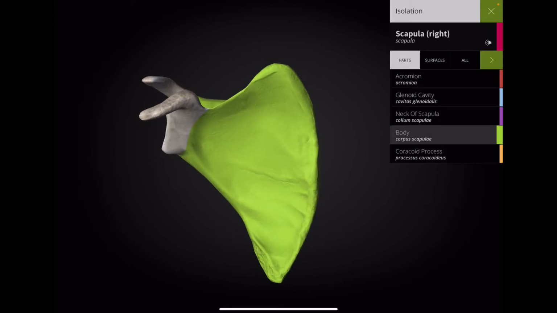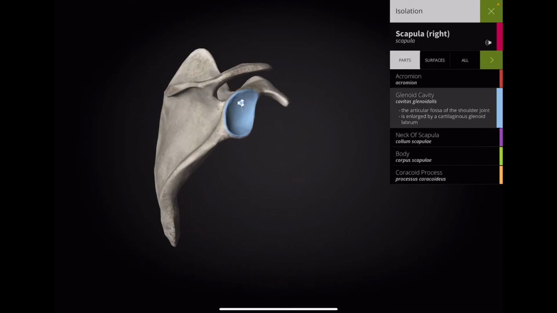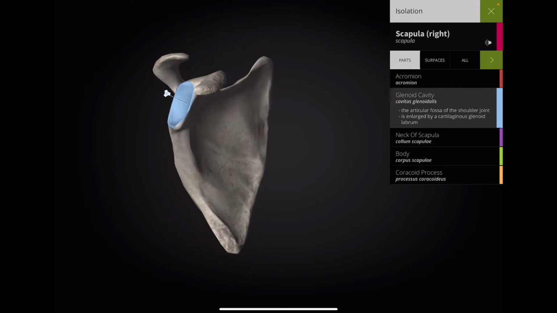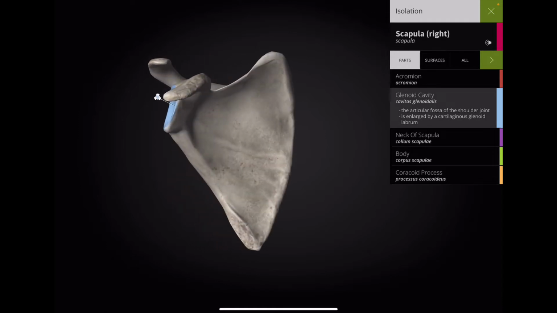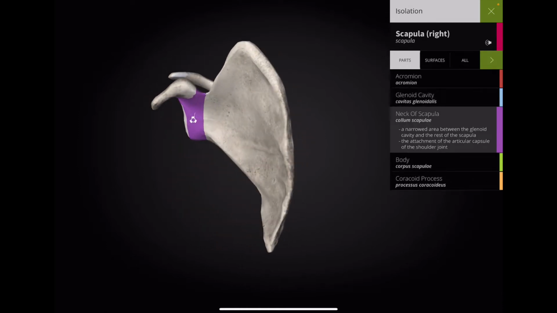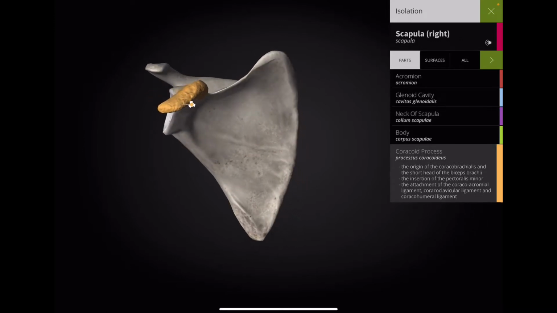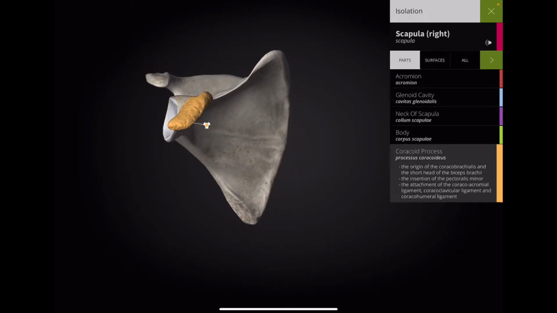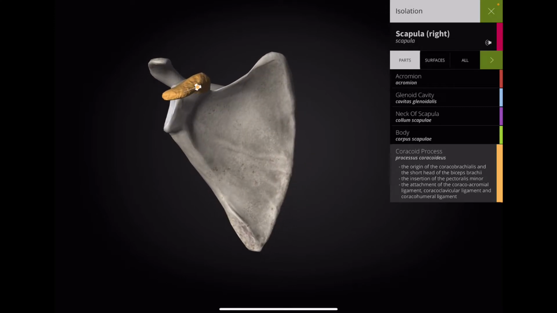This is the anterior aspect of the scapula. You get the glenoid cavity. That's where the head of the humerus articulates within the glenoid cavity. You get the neck of the scapula. And then you also get the coracoid process, which is a very important place, especially for the attachment of different muscles for their origination.